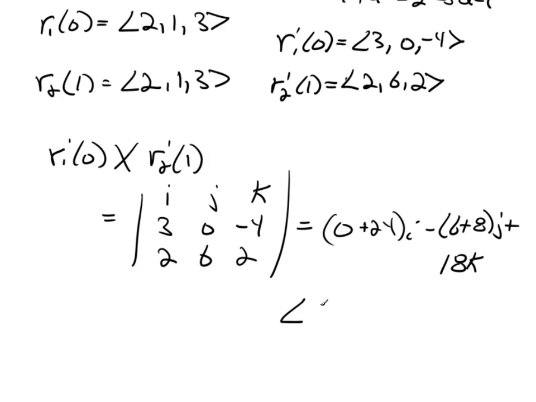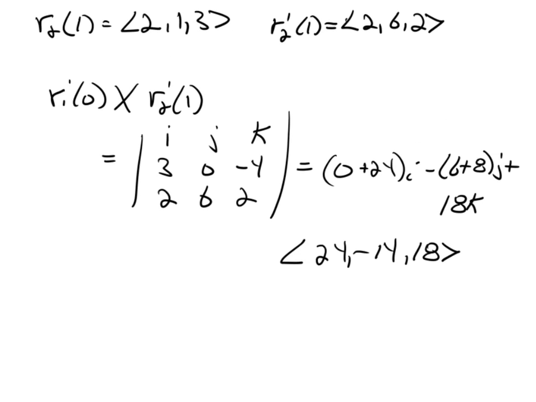So a vector normal will be (24, negative 14, and 18).